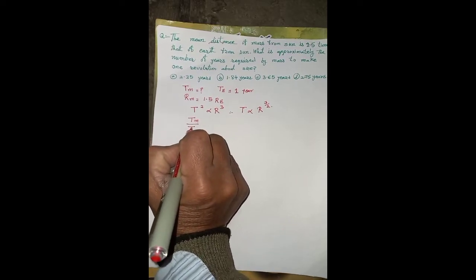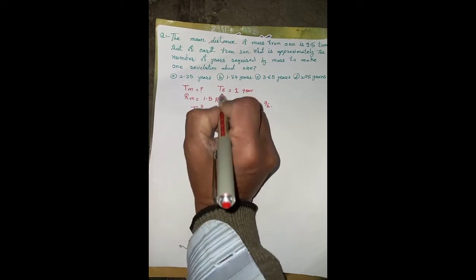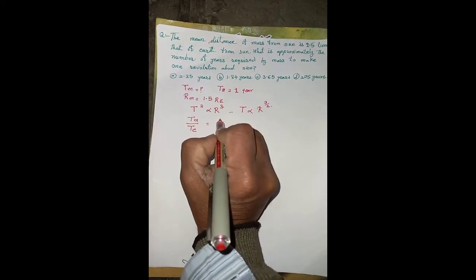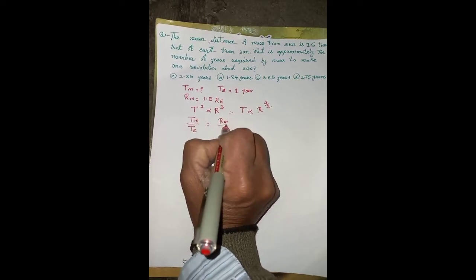Now we write equation Tm upon Te is equal to Rm upon Re raised to 3 by 2.